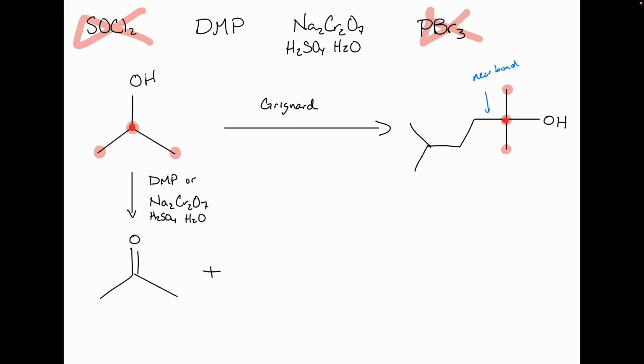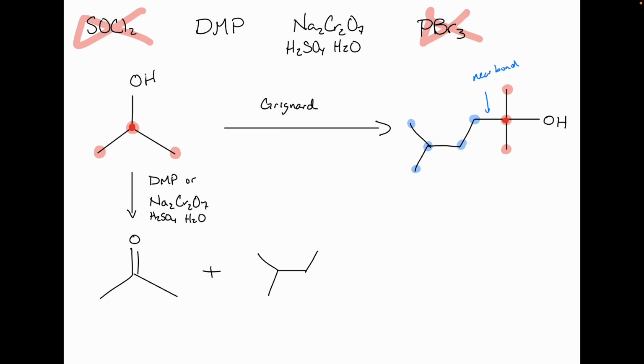Okay, so now I can turn around and react this with my Grignard. The key thing that we've got to pay attention to is the size of our Grignard here. We need to have these 1, 2, 3, 4, 5 carbons on there. I'm just going to draw it as it is in my product so we can see a little bit easier.